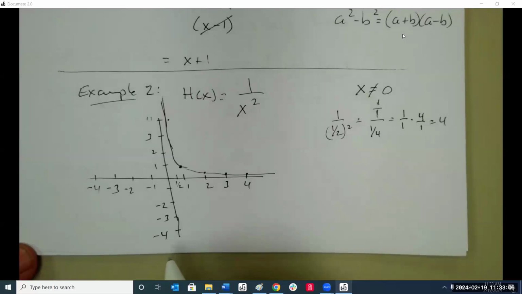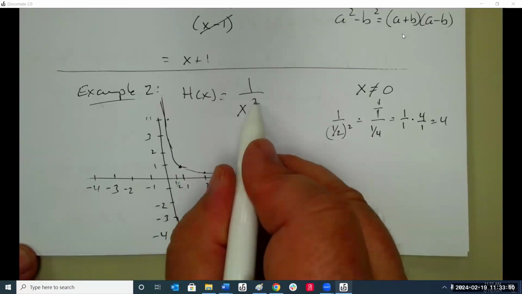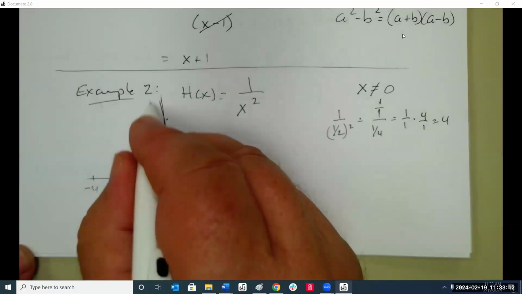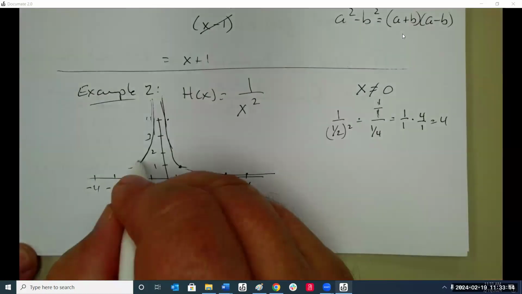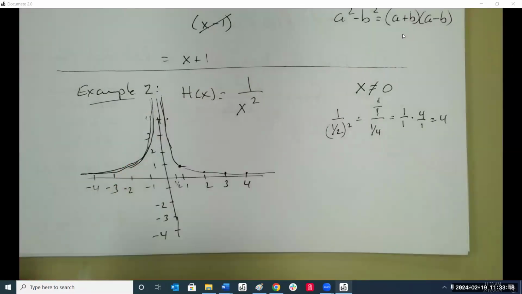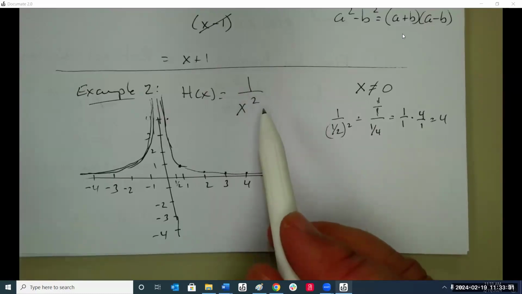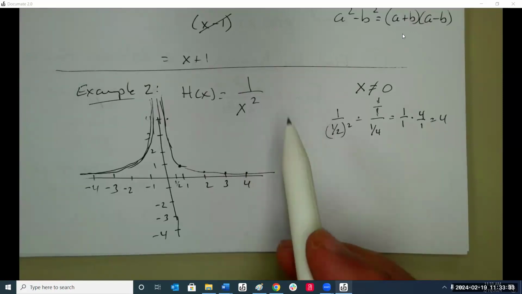That's an asymptote. But on the negative side, we square it, it becomes positive, so it'll look the same. It'll look like the Atari symbol. We plot some points and we see what's going on. So this is just a reciprocal function: the bigger the bottom gets, the smaller the entire equation gets.